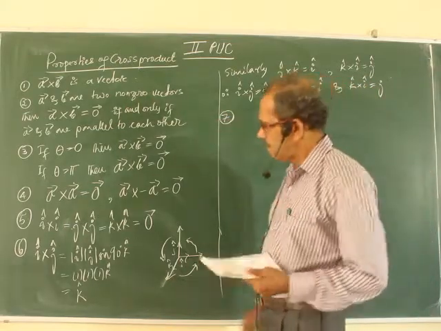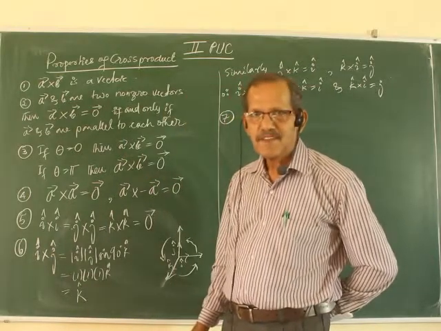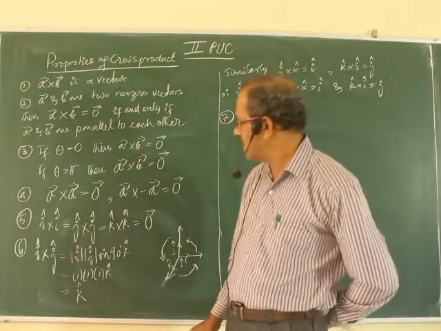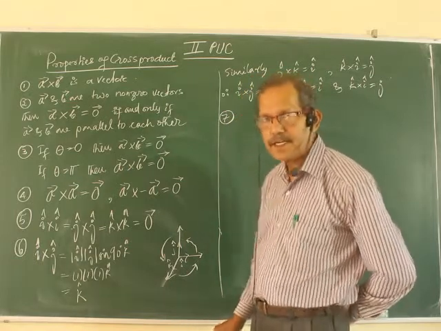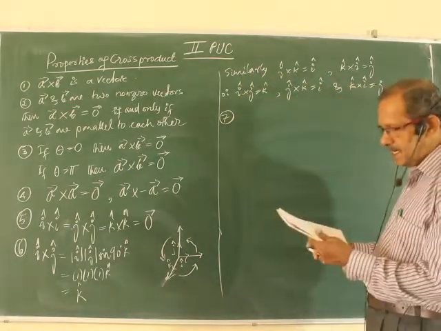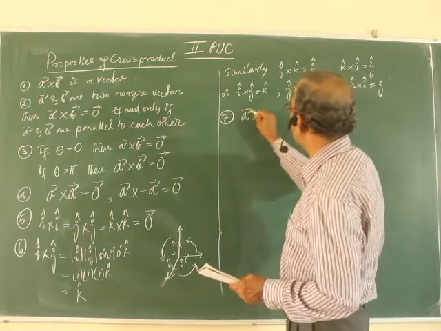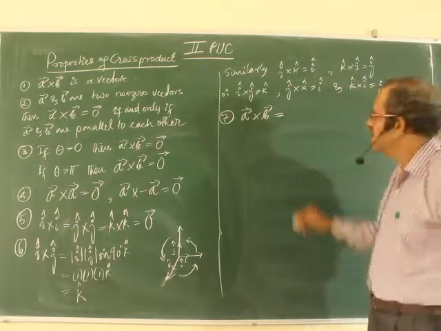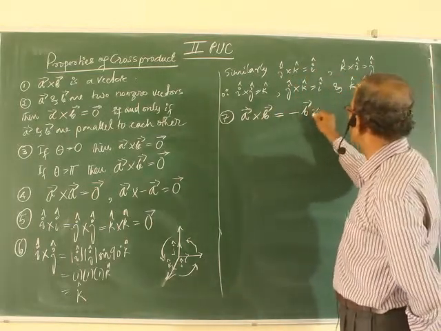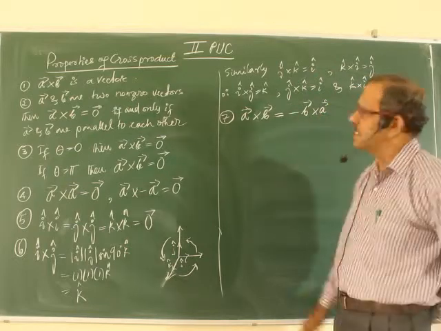Seventh one. If it is J cross I, if it is reverse order, J cross I, what do you get? For that, let me write A cross B equal to minus of B cross A. If you interchange the vectors, you must get a minus sign.